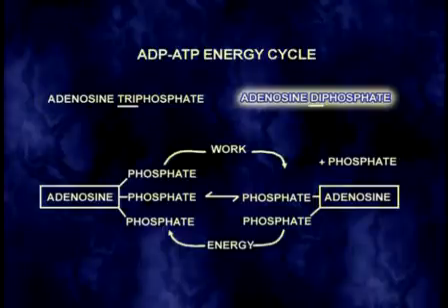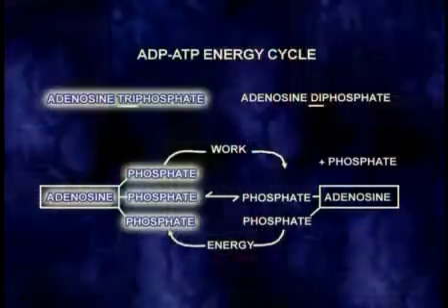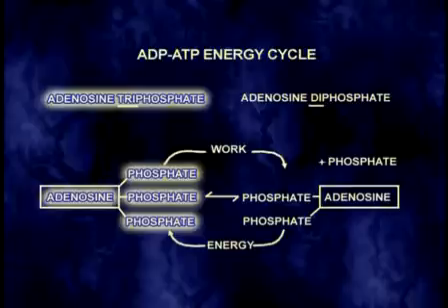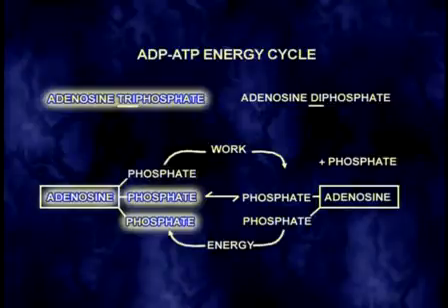Think about a rock being pushed up a hill to the top of a mountain. When you have adenosine triphosphate, you have a potential energy in this molecule. If we release one phosphate, the process releases energy and is able to do work using other small molecules.